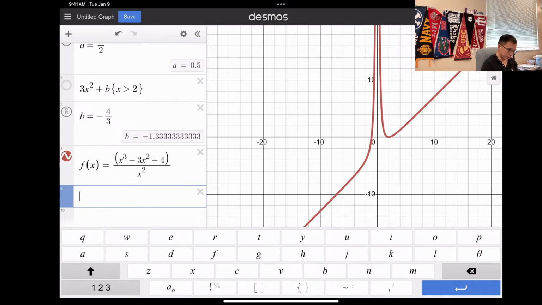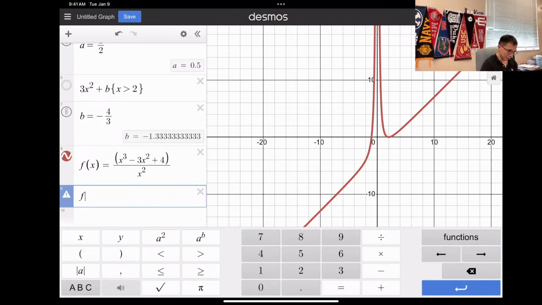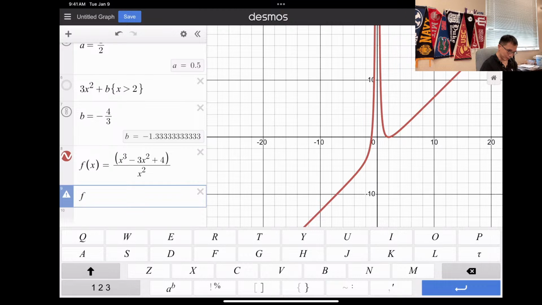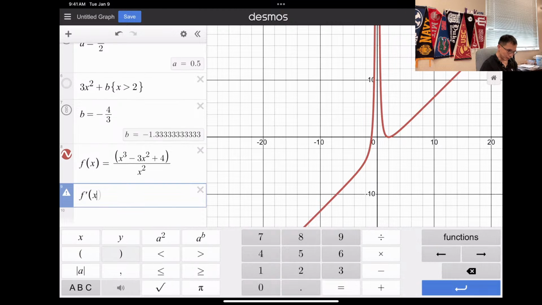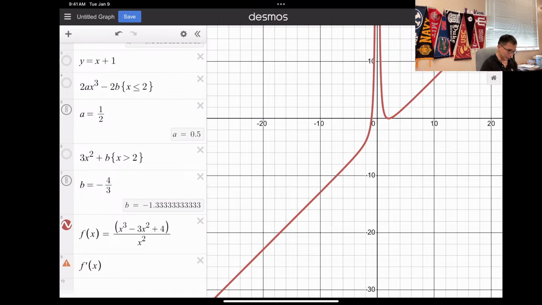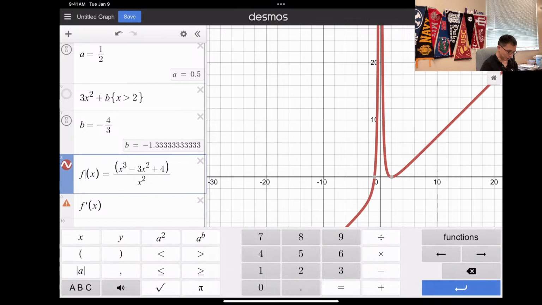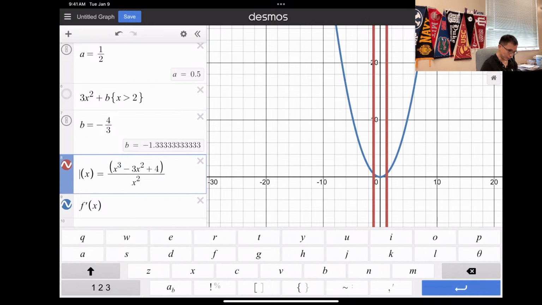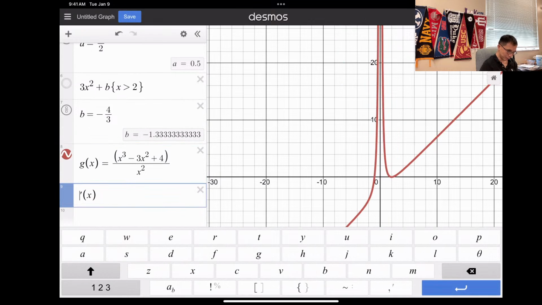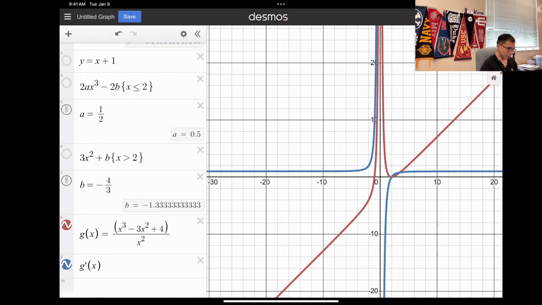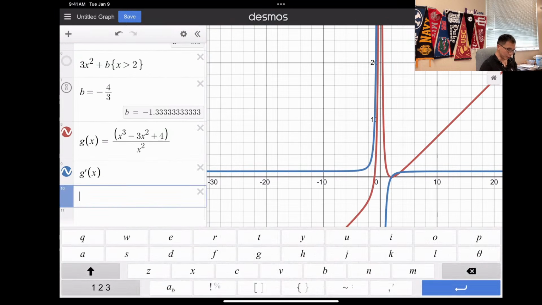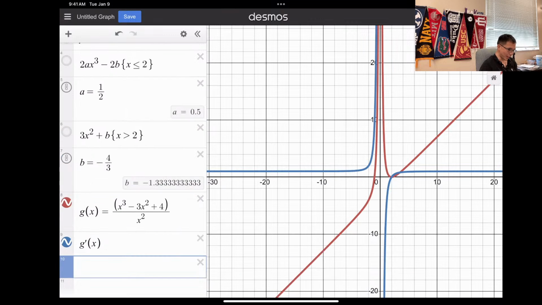Now you can click on f prime of x, and it will show you the graph. Wait, why doesn't it? Oh, because there was already an f. Let's do g, because there was a g over there. So you can see that one is the original graph and the blue line is the derivative. Now you can also unhighlight this part.